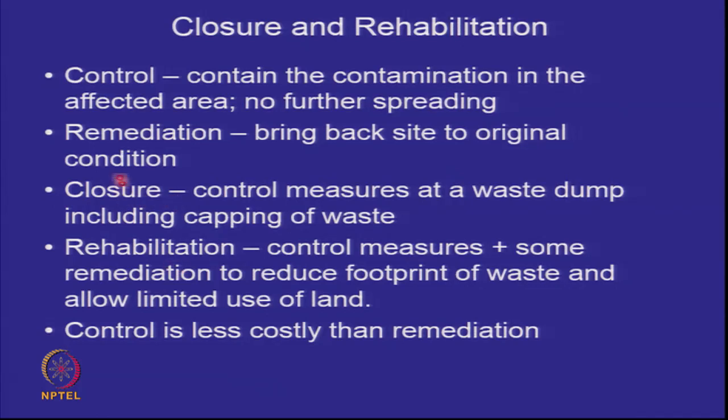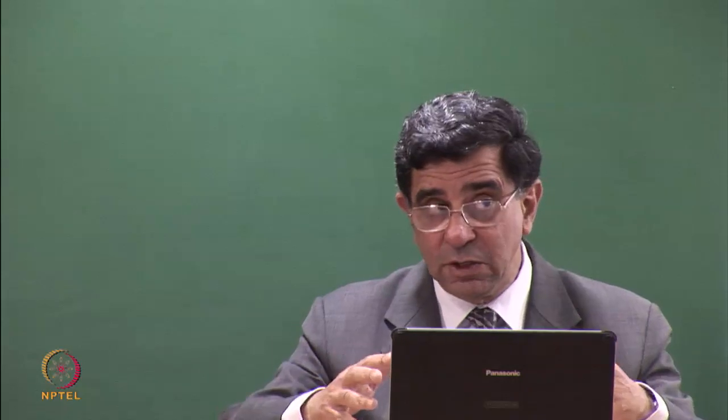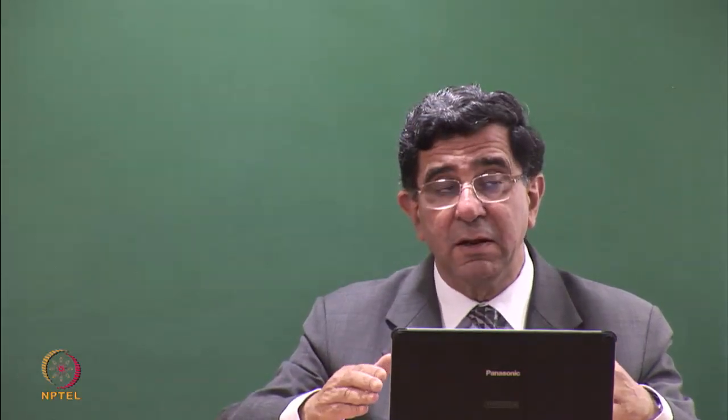And is rehabilitation the same as remediation? No. Rehabilitation means control measures, but do something such that the footprint of the waste is reduced. You have a waste dump which is occupying 1 kilometer by 1 kilometer area. Can you do control measures to stop the spreading? Yes.